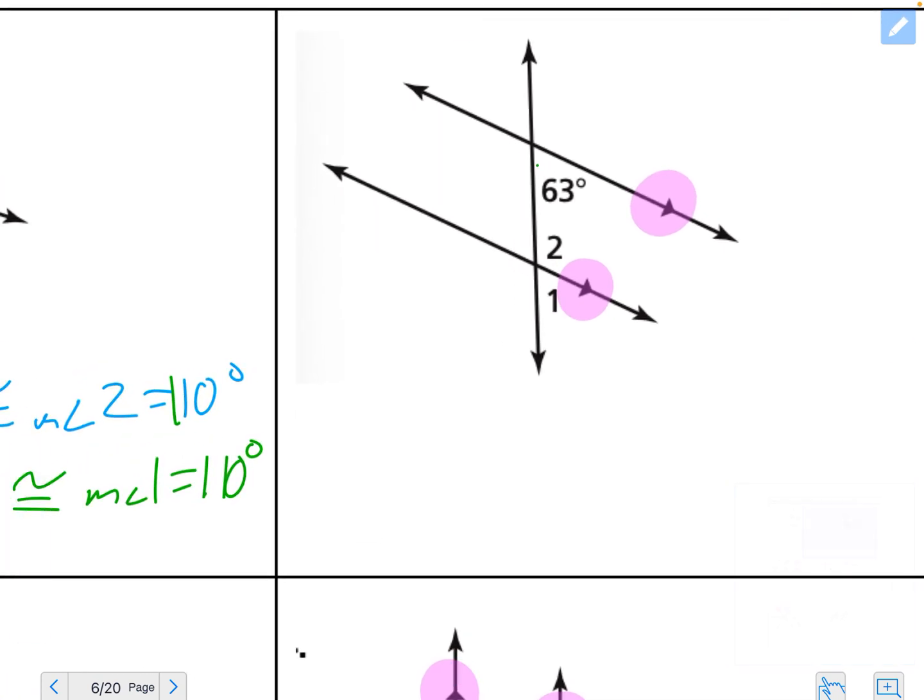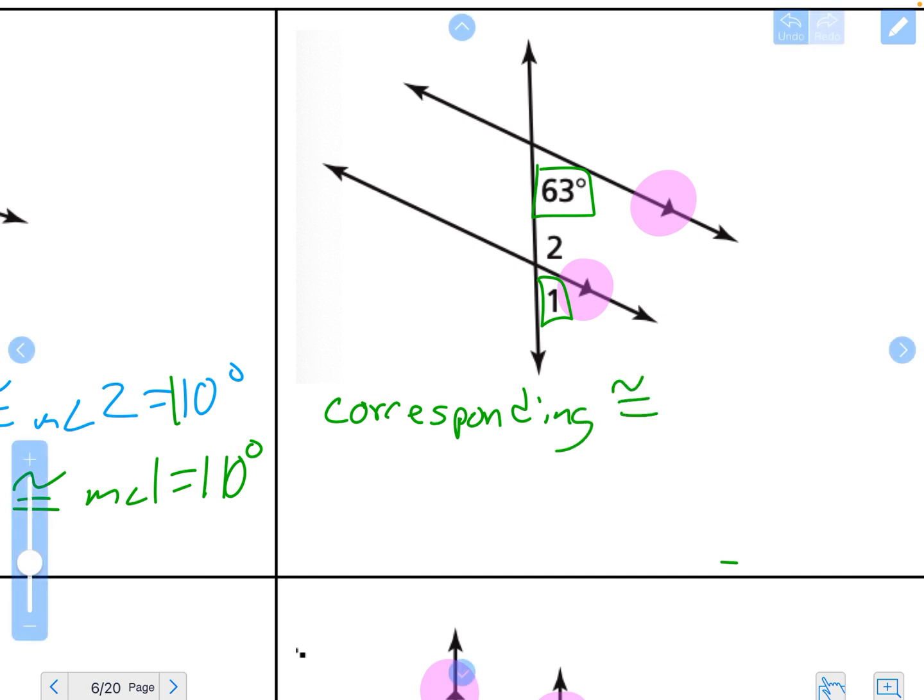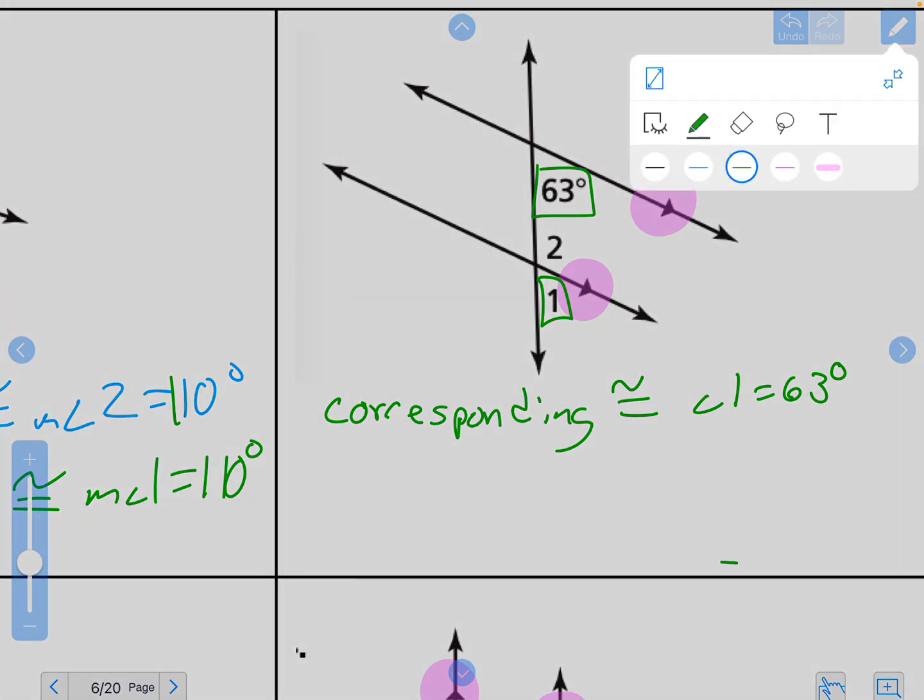All right, so now we're looking at 63 and angle 1. They are on the same side. They are both below the line, so they are corresponding, which means they are congruent, and angle 1 is going to equal 63 degrees.